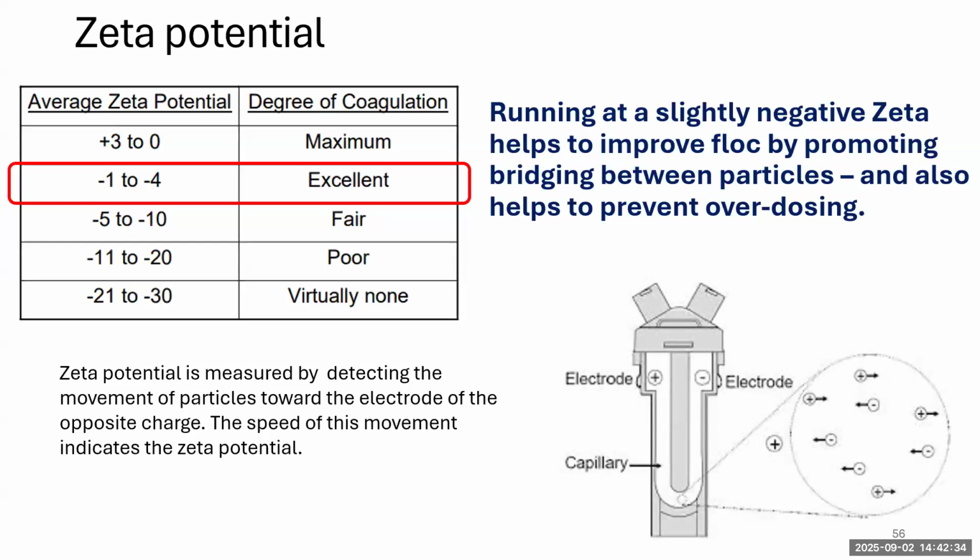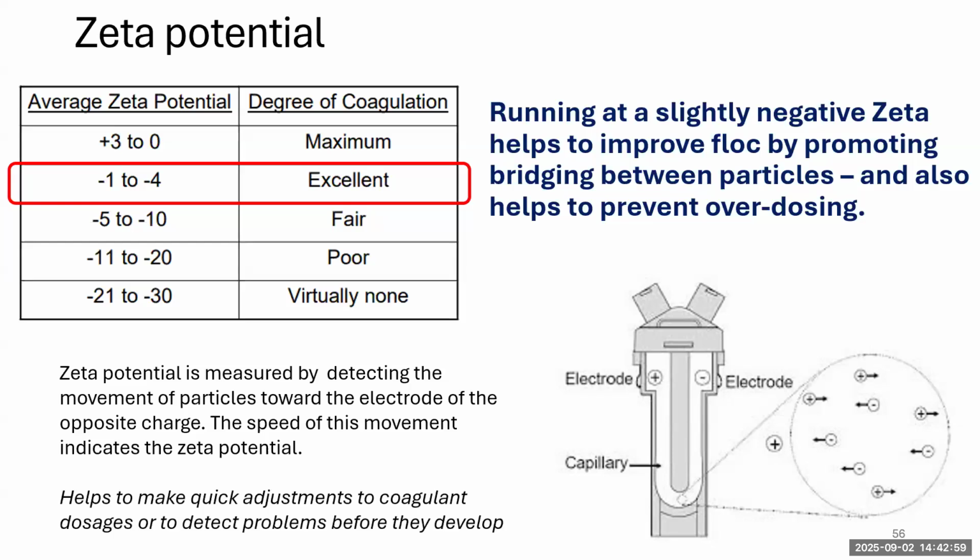If your reading was way above zero, like a +4, +5, or something like that, it would mean you probably have too much coagulant. If it's real negative, like -20, you probably don't have enough coagulant. Of course, this is just one piece of information in the overall decision-making process, but it can be good to make quick adjustments. Let's say you have everything set right, you're running your zeta at around a -3, and you have the dosage just right.